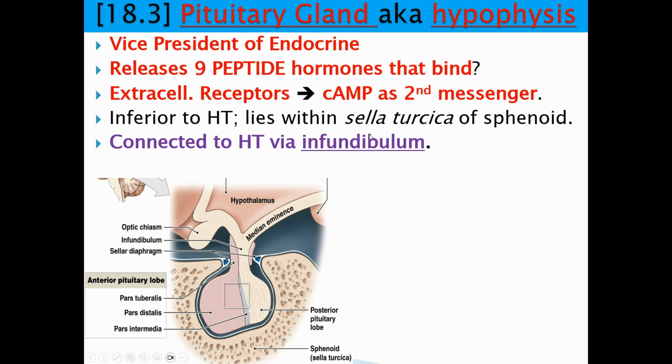In fact, for me as an instructor, I have a model, and these models aren't really the greatest of models because they're really just kind of a flat board and a little projection, so it's not like you're actually holding a true model of the brain or anything like that. But I do have a model that looks very similar to this, and often if I point to this region, I expect students to know it's the infundibulum.